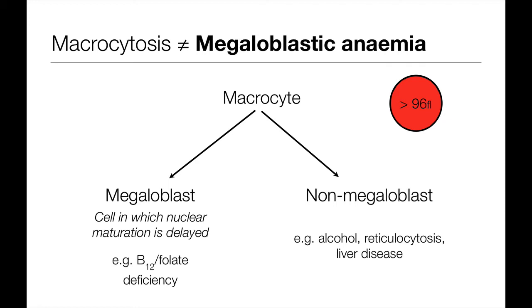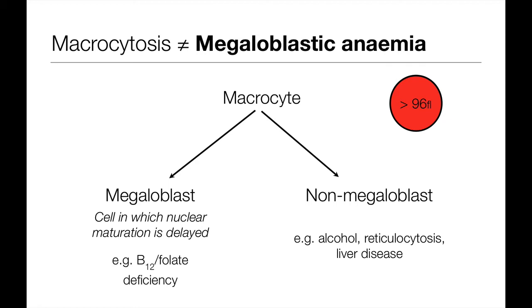But in megaloblasts, what you see is a specific type of cell in which nuclear maturation is delayed. And the cause of this is usually vitamin B12 or folate deficiency. And the reason this happens is that these vitamins are very important in allowing DNA synthesis in red cells. And if they're not there, the synthetic cellular processes can become deranged, and red cells can keep on producing lots and lots of protein and make them very big.